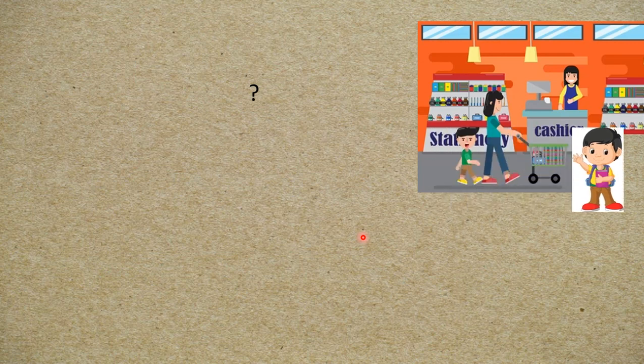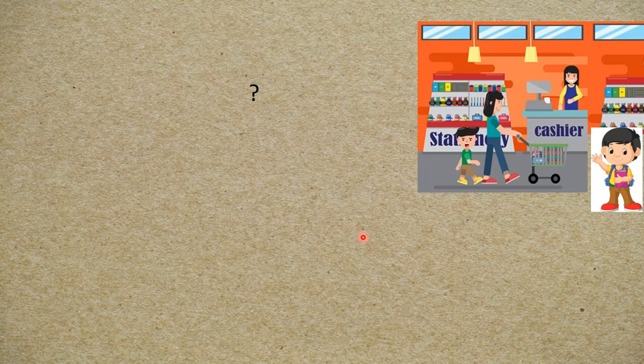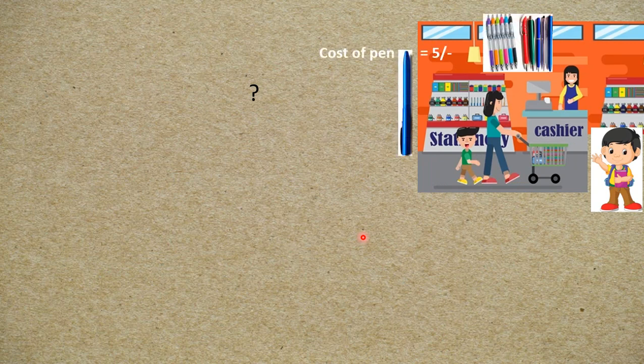A boy wants to buy pens for himself, and the cost of a pen is 5 rupees. So we can say the cost of pens is 5 multiplied by what? As we don't know how many pens he wants to buy, maybe he wants 1 or 2 or 3 or more pens.